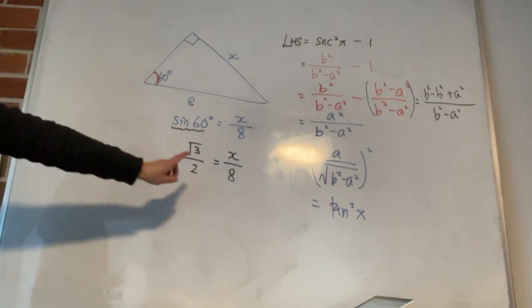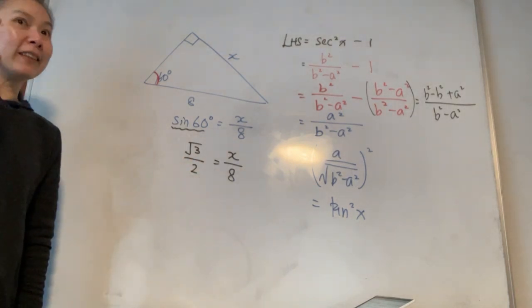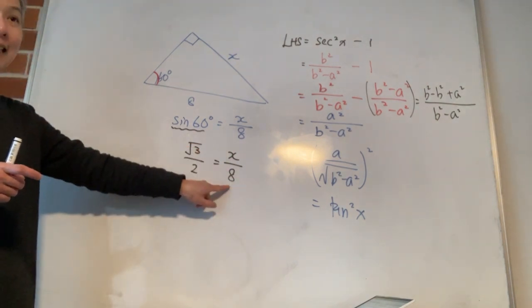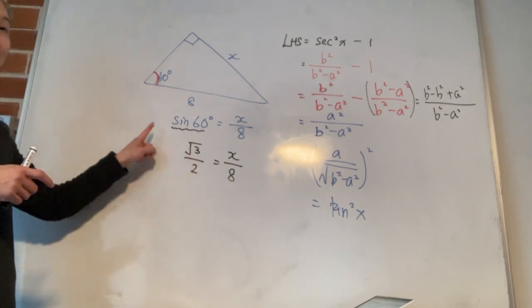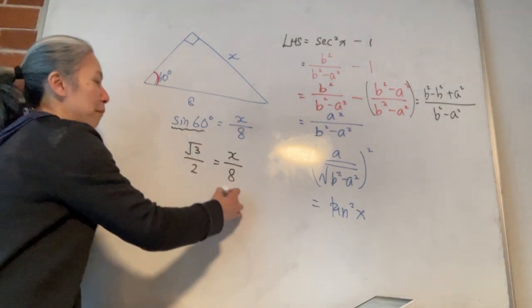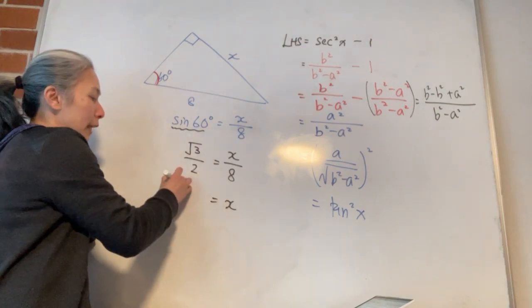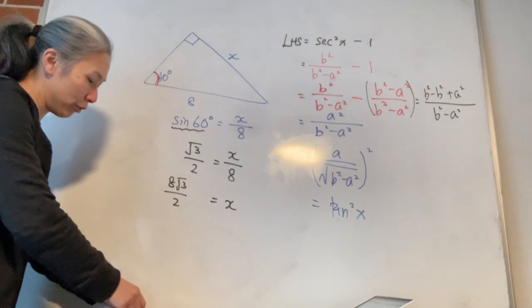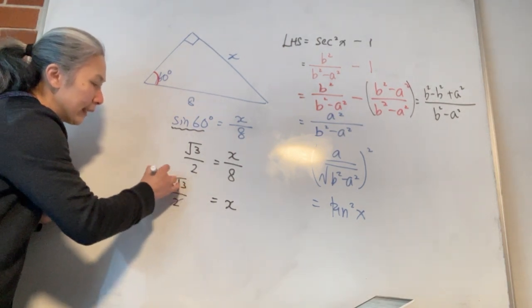Okay? If you want, we learn it from the sine rule. Whenever you have an unknown, this is your unknown, this is an 8. If I want the unknown by itself, I times the 8 over, isn't it? Now I times the 8 over. So that means x equal to 8 root 3 on 2. And of course, I can cross the 2 and the 8, 4.